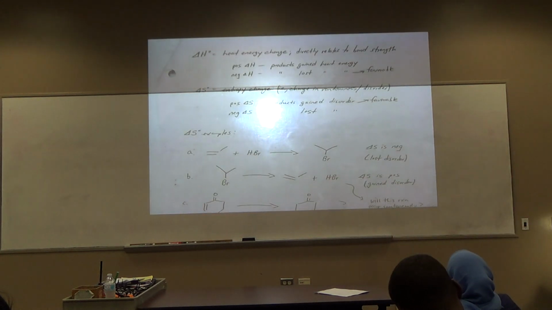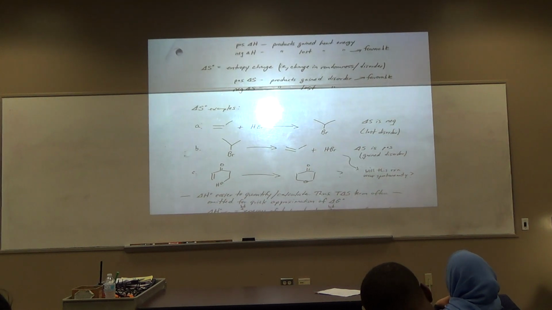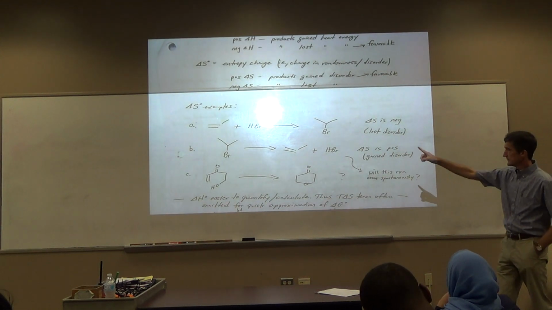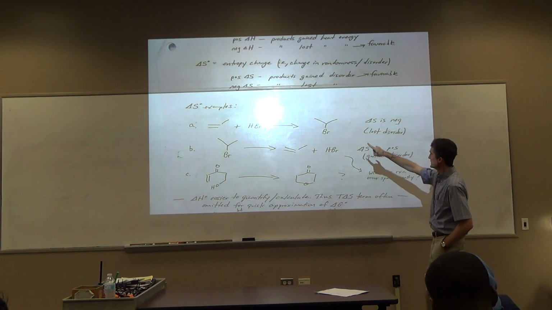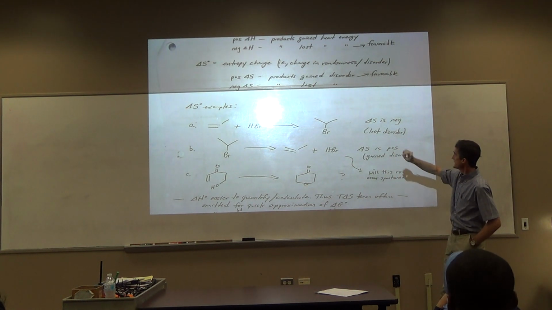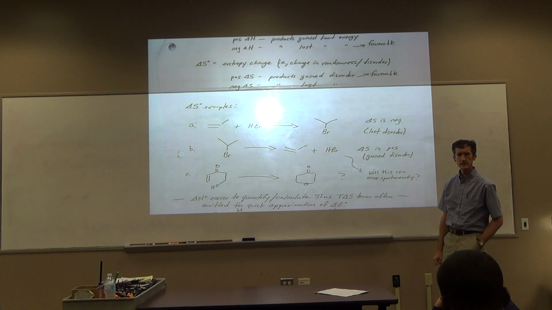Delta S examples first. A, alkene reacting with HBr. I think that looks like the previous page. Delta S is negative, meaning the system has lost disorder. That means it's gained order, right?